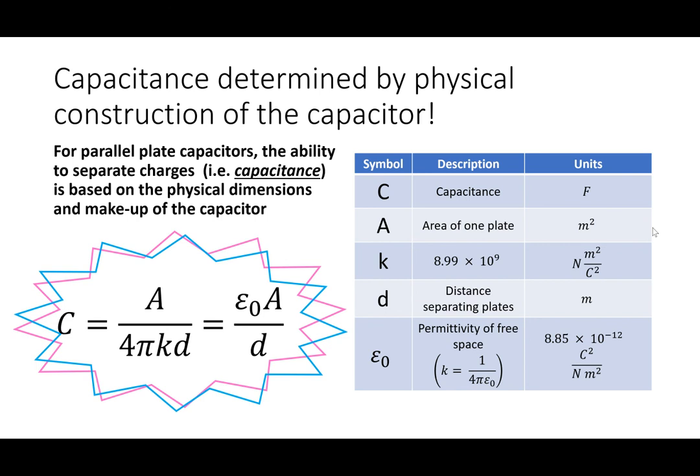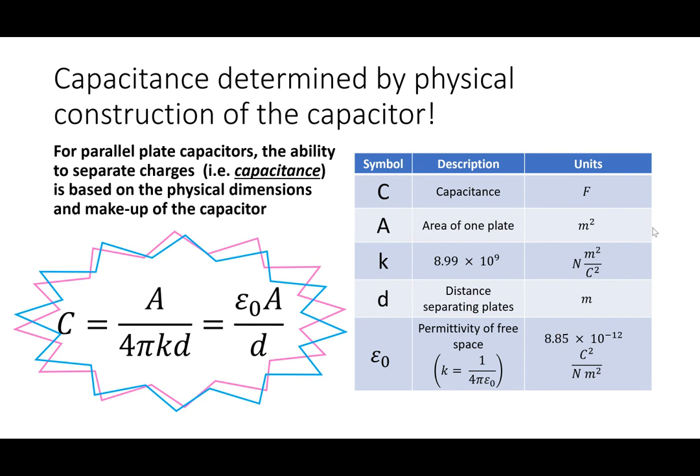A is the area of one of the plates, because they're the same size, and that's going to be in meters squared. K is our Coulomb's constant, 8.99 times 10 to the ninth newton meter squared per coulomb squared. D is the physical separation of the plates. That's in meters. Now, there's two different ways to think about this. You can either use the 4 pi k d in the denominator, or you can use epsilon sub 0 in the numerator.